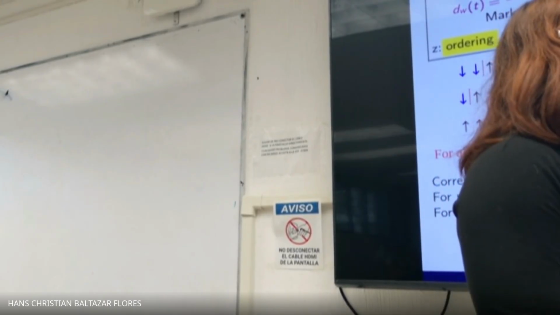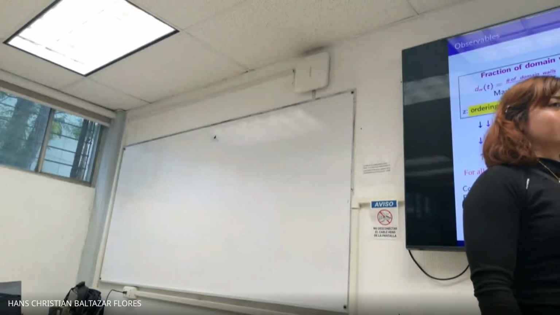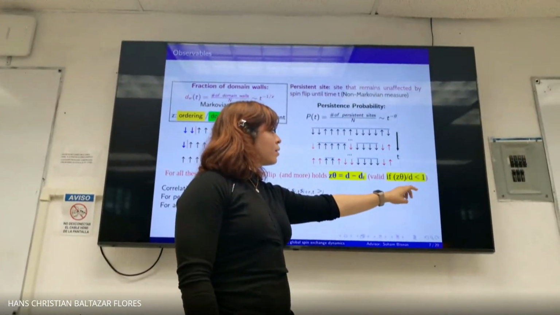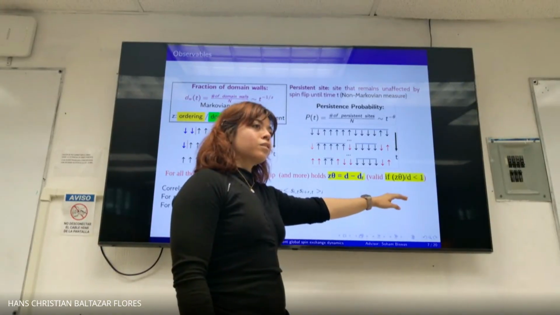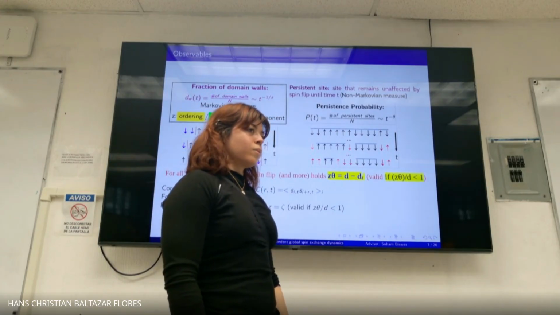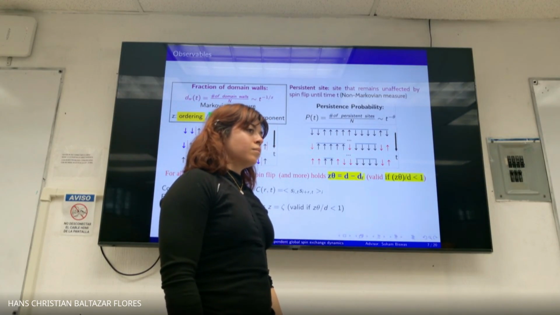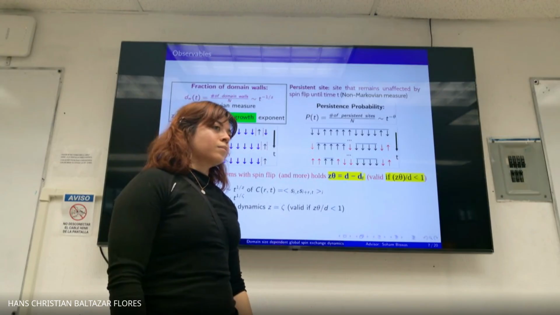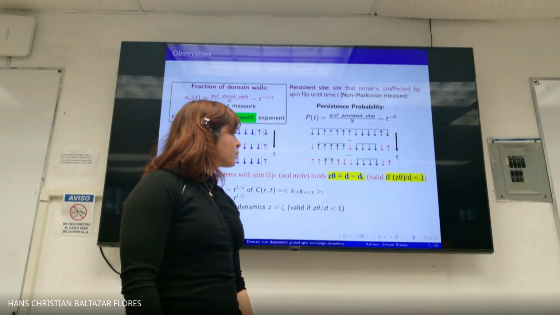If not, we have a negative dimension. But D is the topological dimension, the Euclidean dimension. So it's one. And d_f is the fractal dimension of the persistent sites.